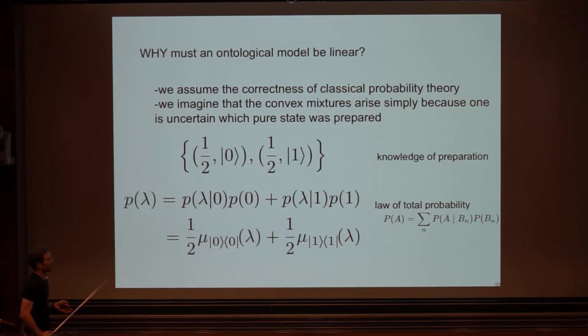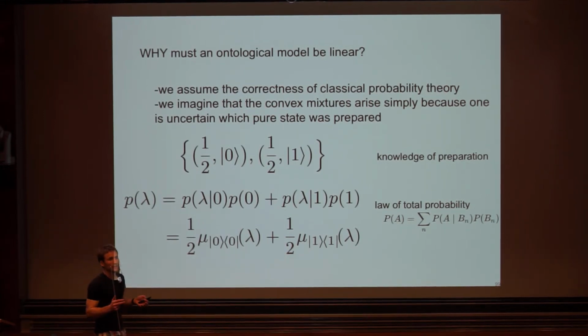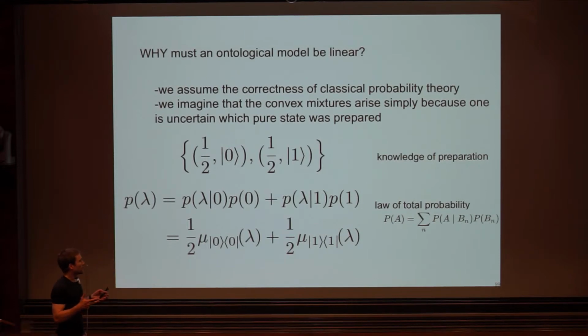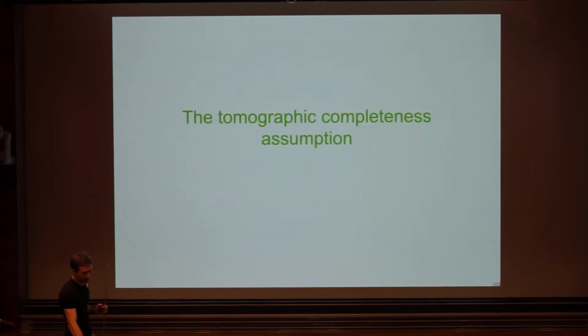So this assumption of linearity is just coming from the fact that, as I mentioned earlier, the rules of inference in the ontological models framework are just classical probability theory. And this is exactly the kind of thing you might start to wonder: how do you go beyond classical probability theory if you want to go beyond the ontological models framework? But within the standard framework, linearity just follows.